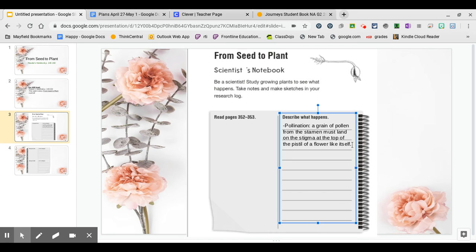So my next note, I'll put my bullet, pollination can happen when bees, insects, and birds collect nectar.